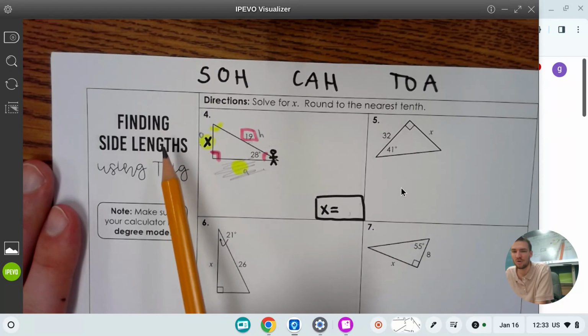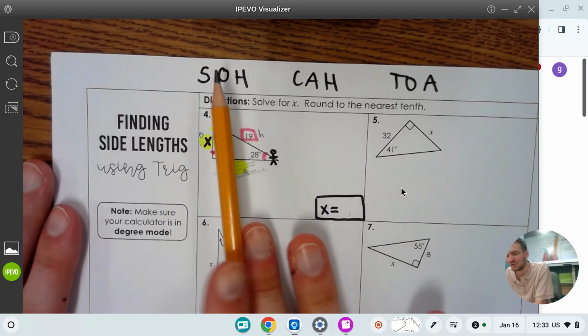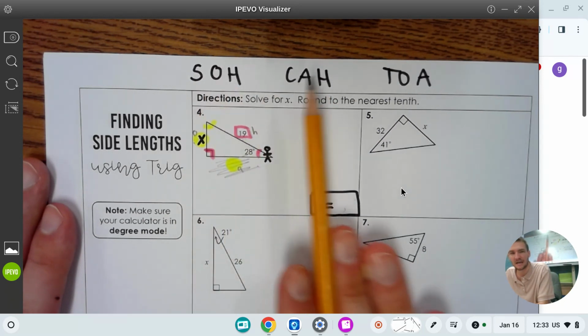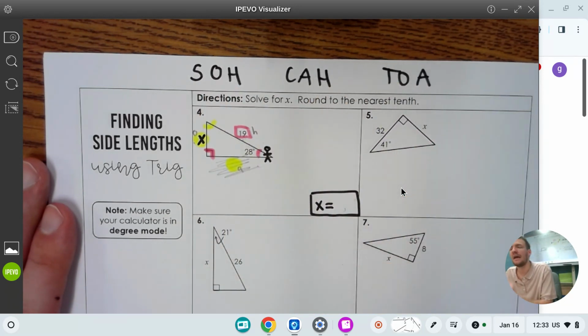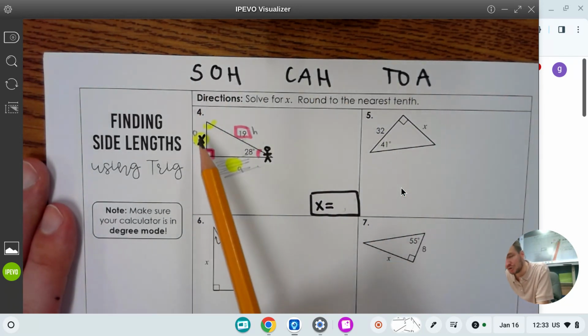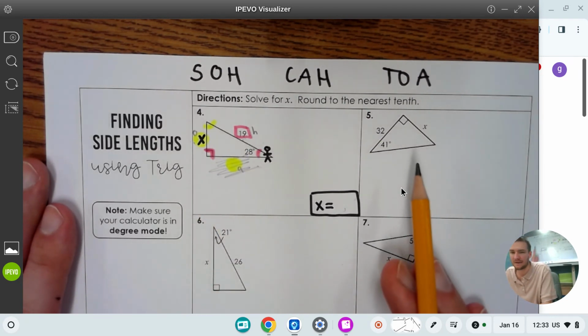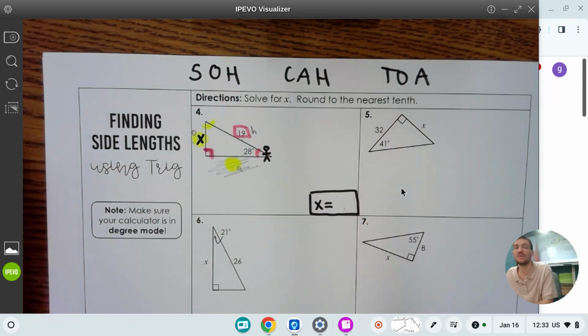It wants the O. So what we're going to do is choose, do we want to use sine or cosine or tangent? And the trick is use O and H, don't use A. Of these 3, there's only one of them that uses the O and the H. Which one is it?